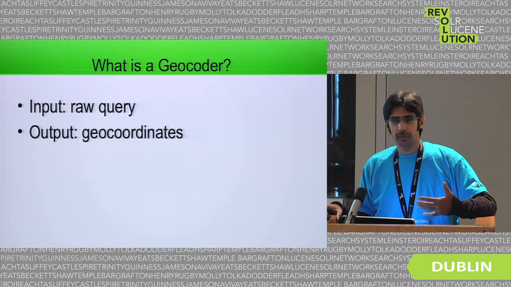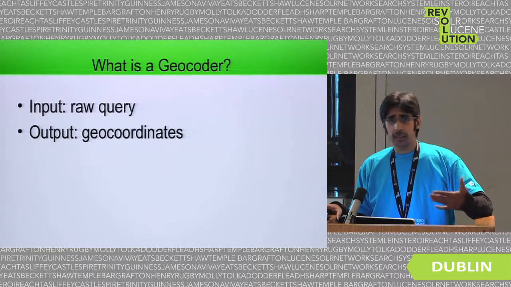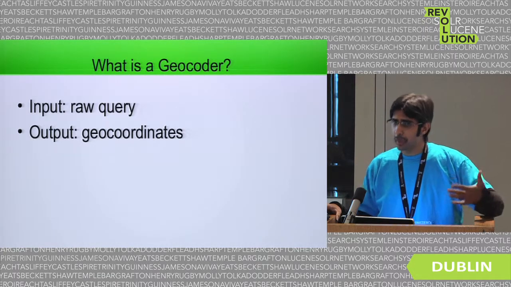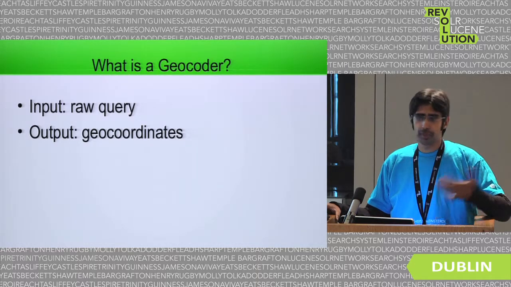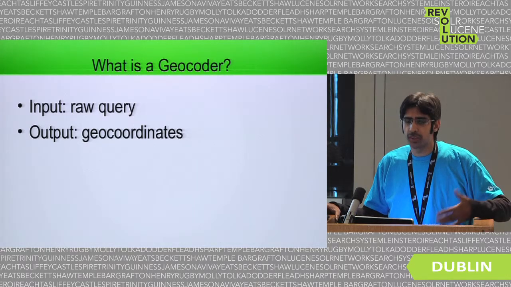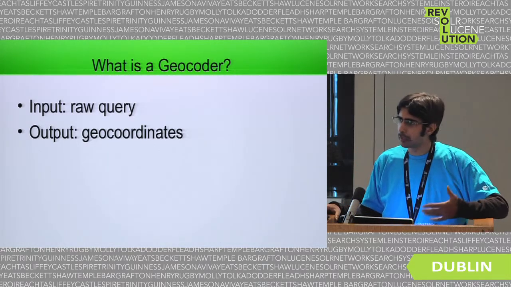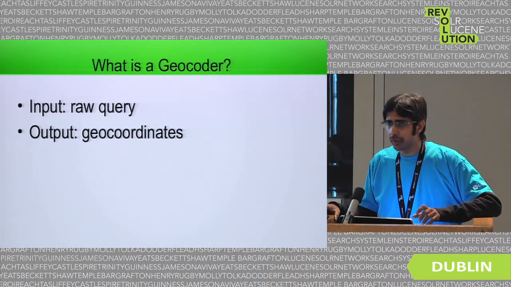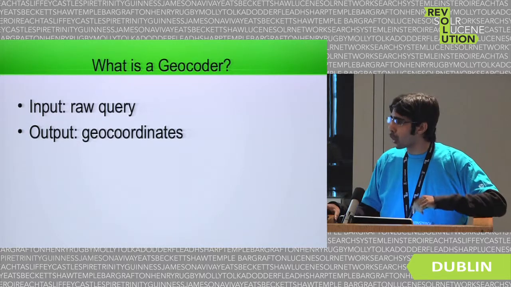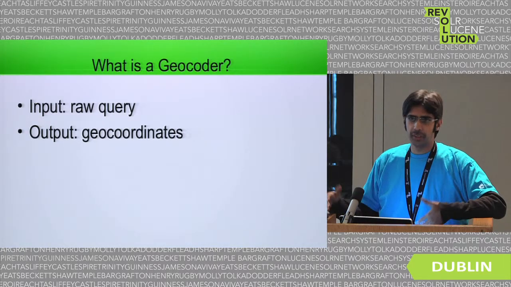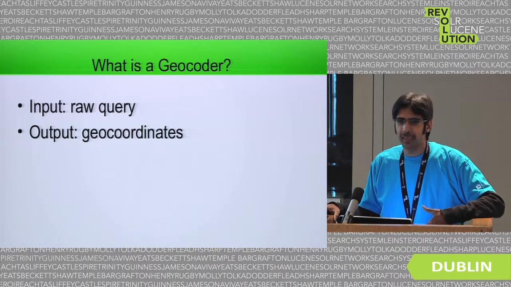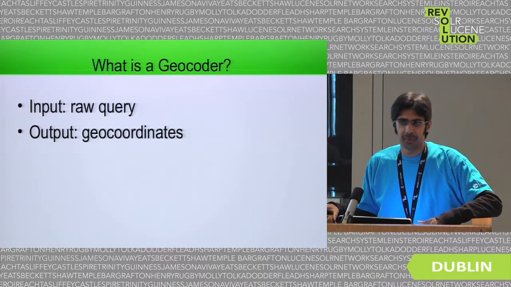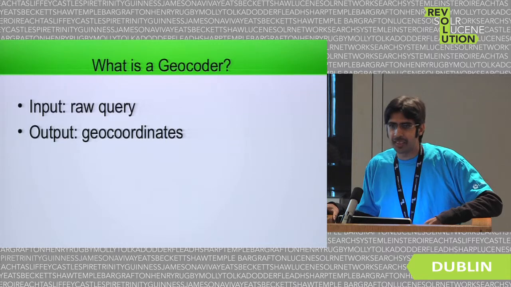If we look at a geocoder, it's tightly coupled with the search on a map. So when a user comes into a map service and types in whatever locations they want to search for, whatever places of interest they want to look for, the job of the geocoder is to accept a raw query in natural language, probably unstructured, but not to a very crazy degree.